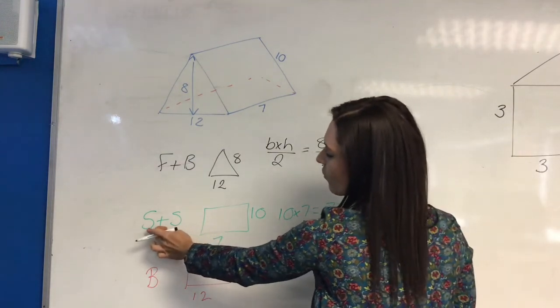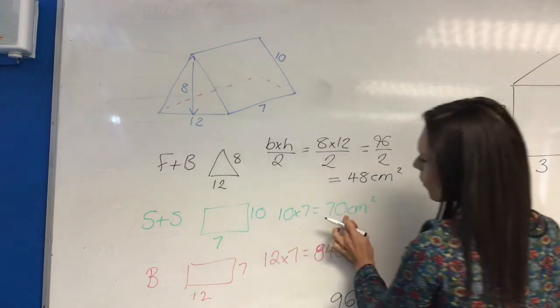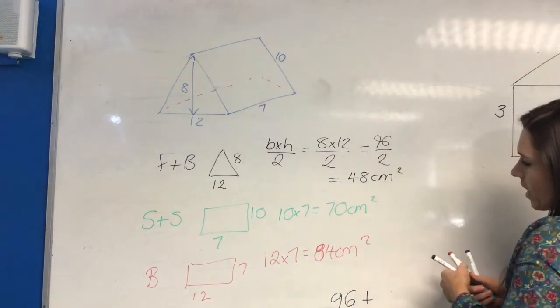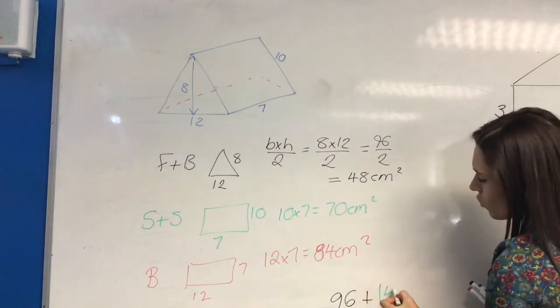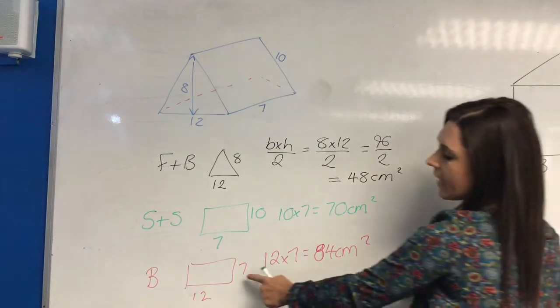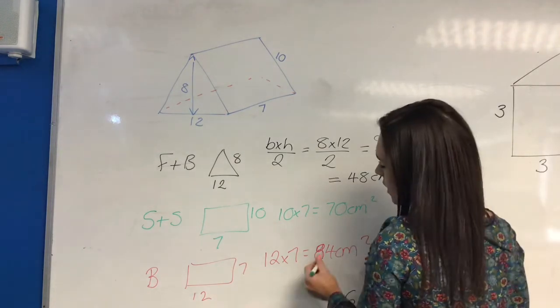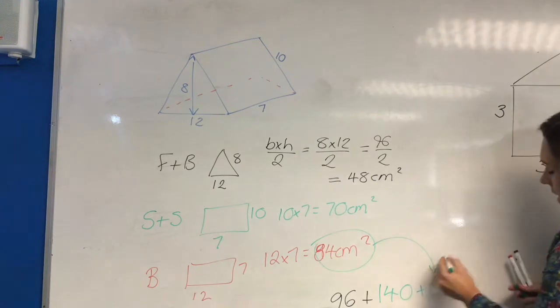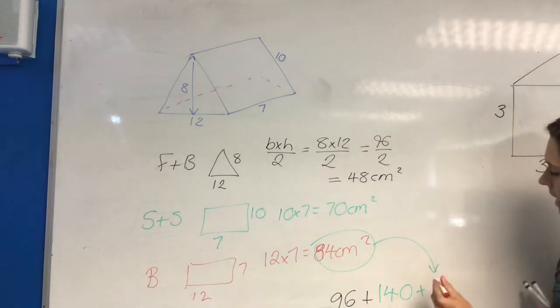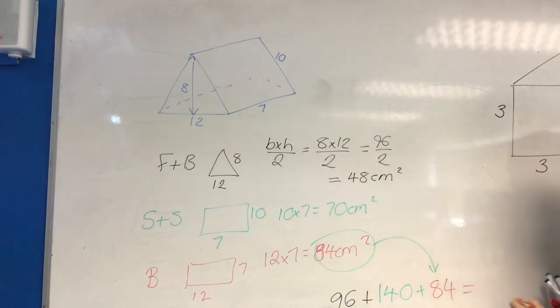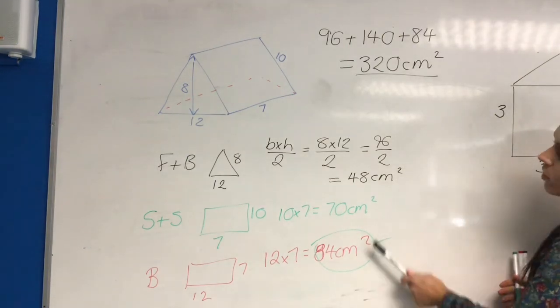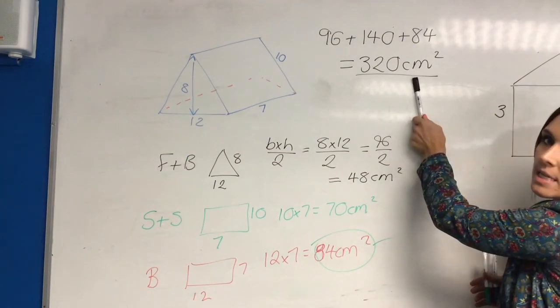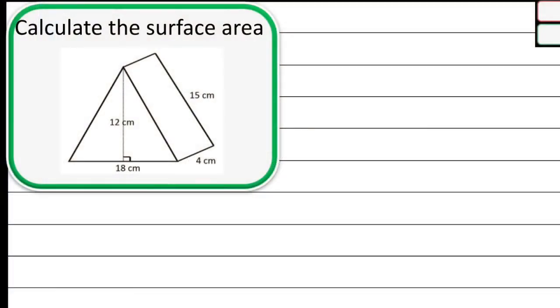Again here, we've got a side and a side, so we need to double this value here to get 140, but we only have one base. So we just add this value here to 84, okay? So when we add them all up together, we get 320 centimetres squared. Now pause the video and see if you can do this one by yourself.